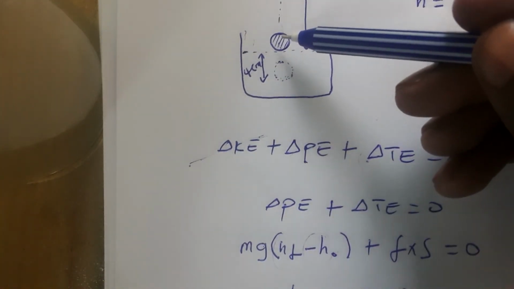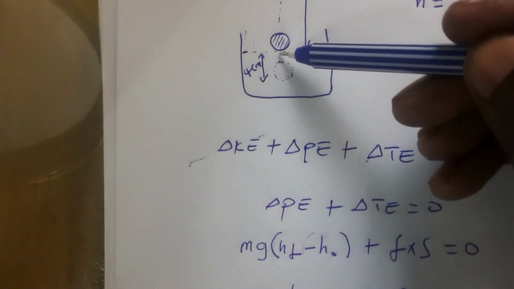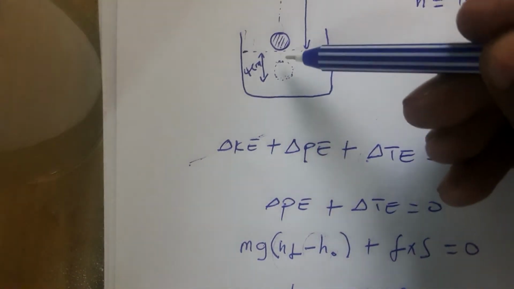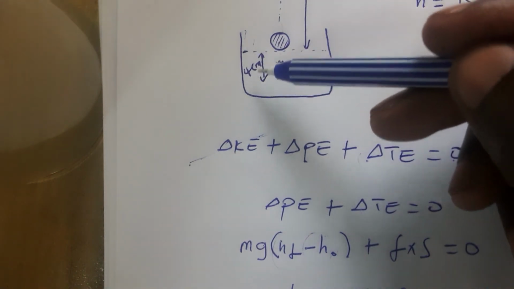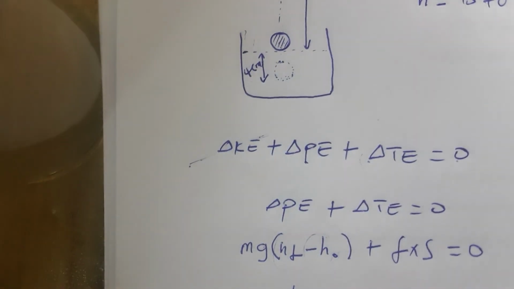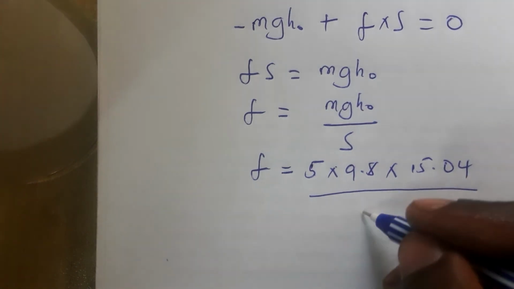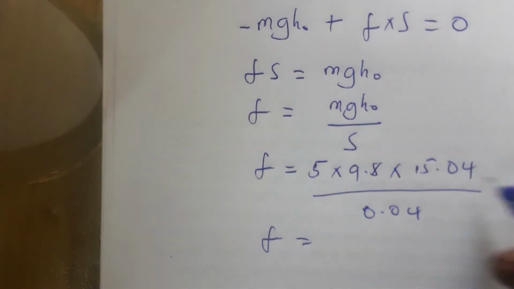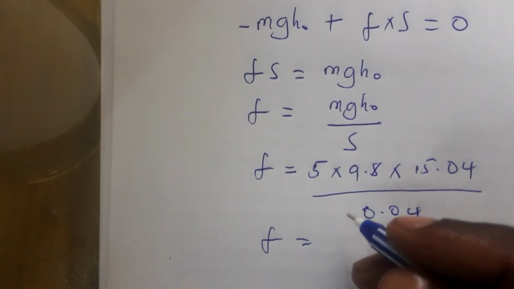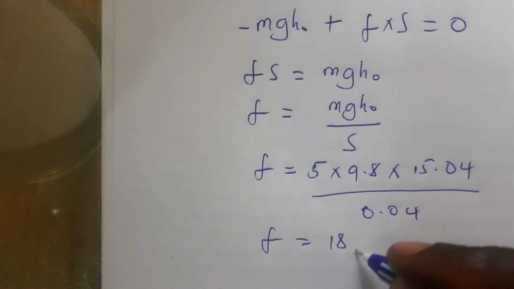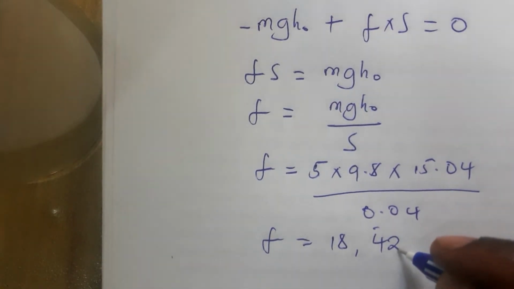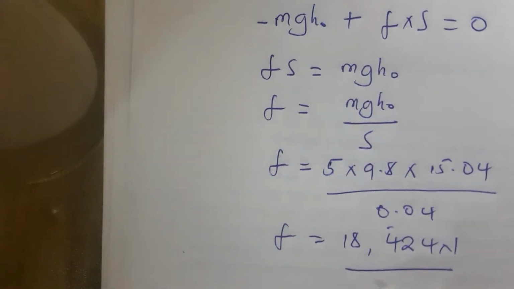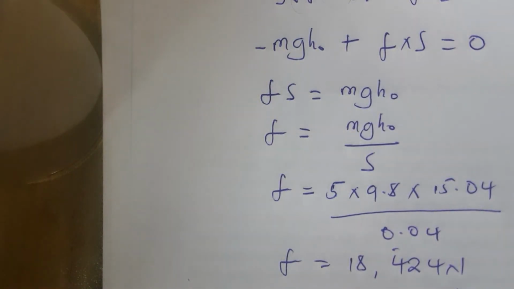After the ball hit the sand, we need this distance which it covered after hitting the sand, which is 4 centimeters or 0.04 meters, is the displacement they're talking about. So we shall have 0.04. So when you multiply everything on top divided by what's down, your answer will be 424 newtons. Okay, so this is how you apply the principle of conservation of energy in terms of a falling object.